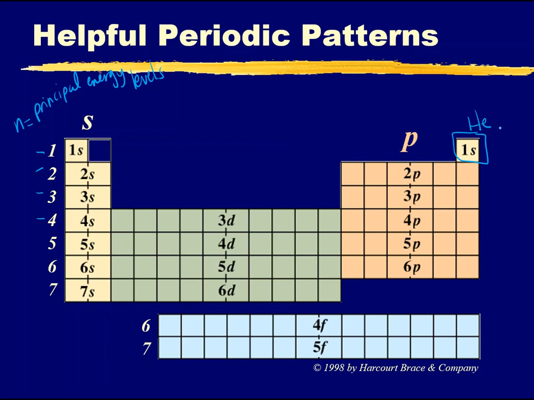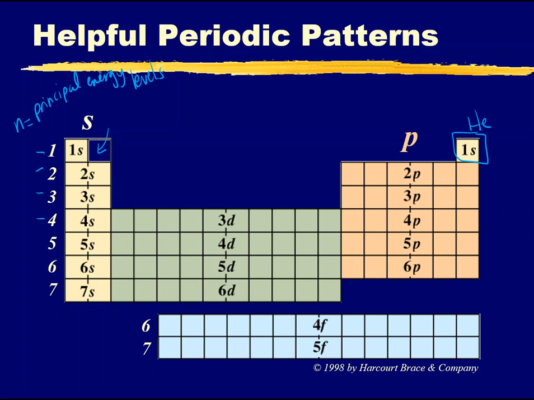This is helium, and helium is a 1s element because technically it could go right here above the alkaline earth metals. Helium has 2 valence electrons, just like the rest of the alkaline earth metals. The reason it's not positioned over there like hydrogen is positioned above the alkali metals is because helium's chemical and physical properties behave more like noble gases.